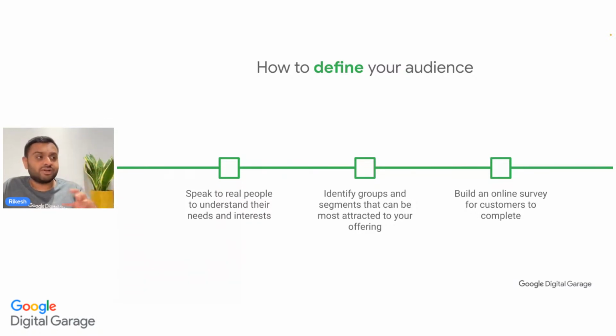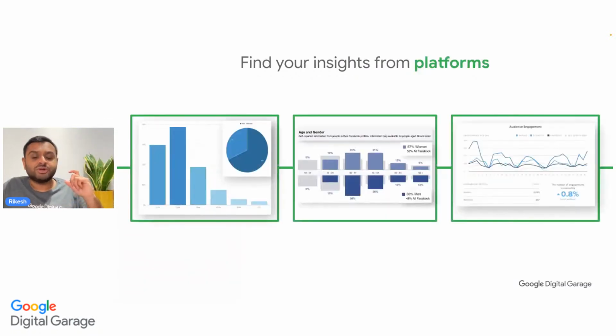Now, another place to find some of these answers is through analytical and insight tools. So you've got some screenshots here. The one in the middle is a screenshot of Facebook. With Facebook, you've got Facebook Insights, where you can have a look at these graphs.